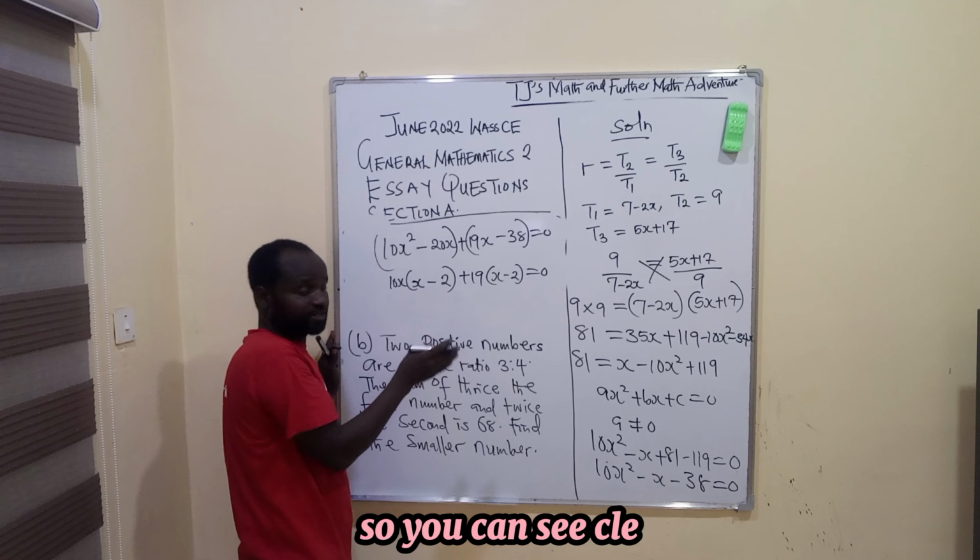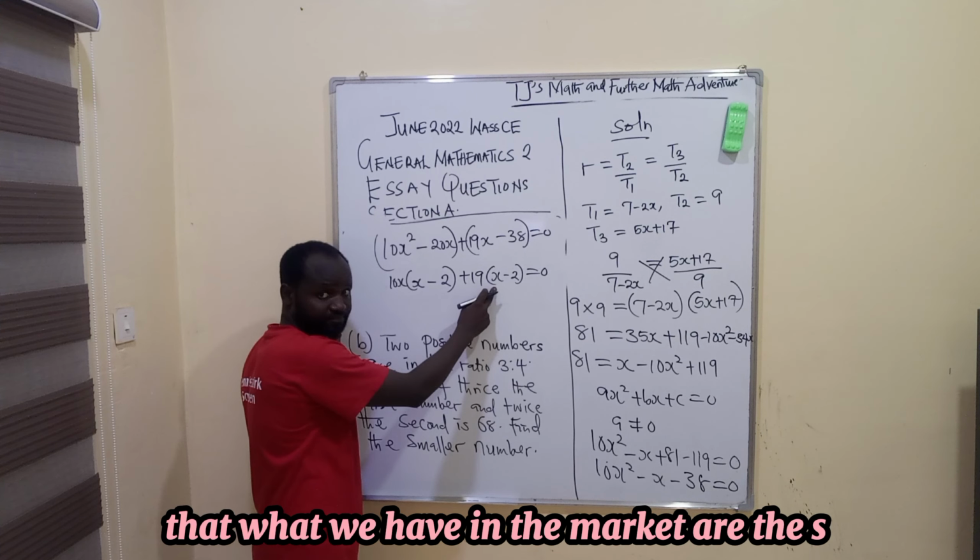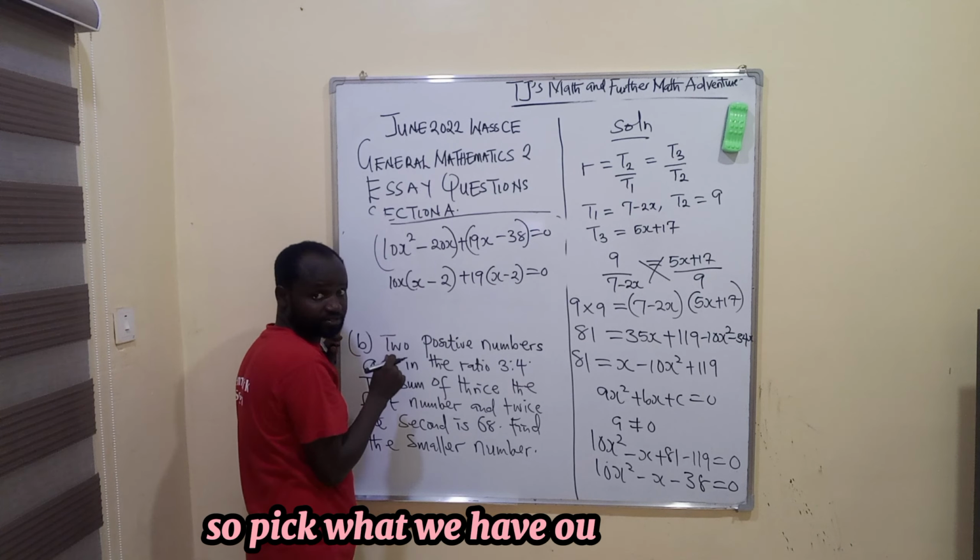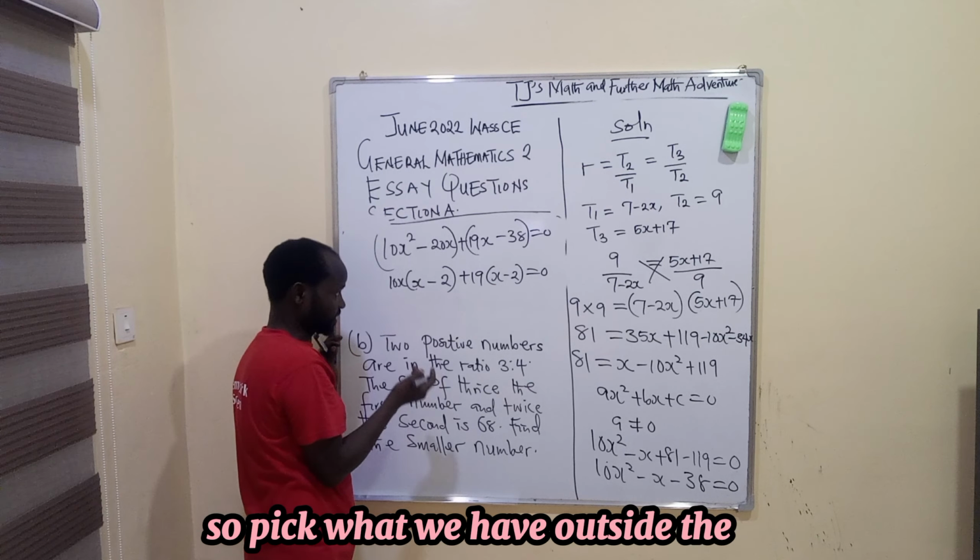So you can see clearly that what we have in the brackets are the same. So we pick what we have outside the bracket, this will be 10x plus 19, and we pick one of the brackets, which is x minus 2, equals 0. It means either of these brackets is equal to 0.